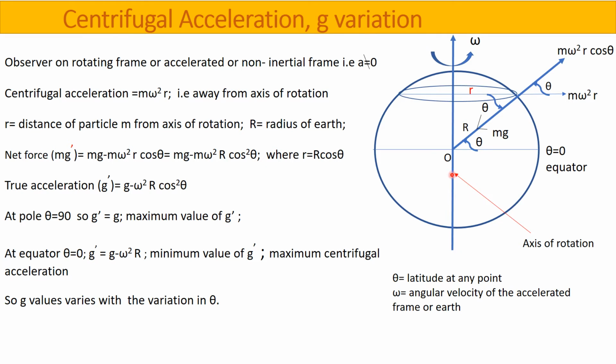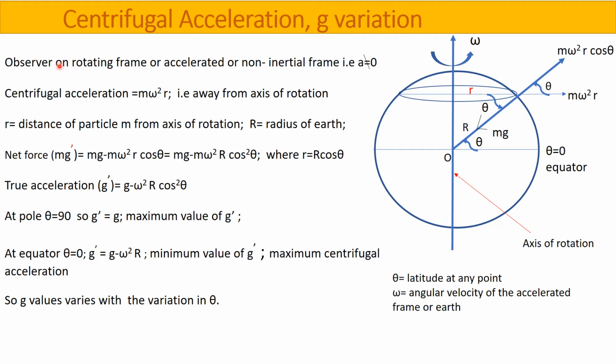You can see the Earth is rotating, and there is a mass m. On the mass, there is mg prime, which you can read. The weight mg is acting in this direction, and component-wise, there is the centrifugal force m omega square r. This angle is theta, so this angle is also theta, and this is the parallel section.